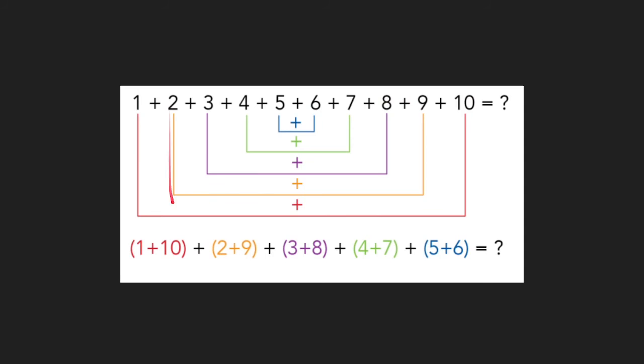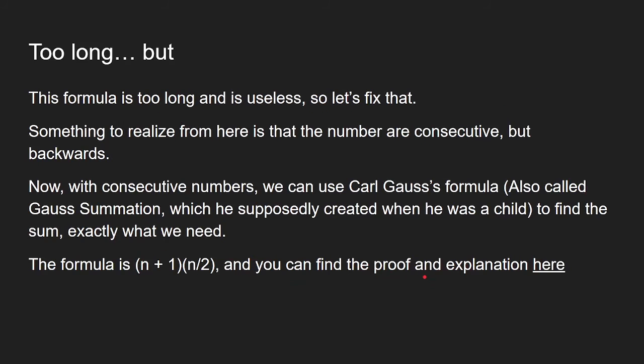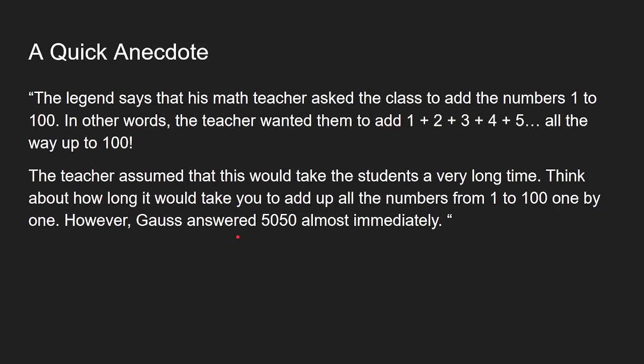And 9 plus 2 is also 11, and 8 plus 3 is also 11, and 7 plus 4 is also 11, and 6 plus 5 is also 11. Now we got 1, 2, 3, 4, 5 pairs of 11s here. That means we have half of n, because we paired each of them, which is divided by 2. And we can use that formula to find the number of terms.